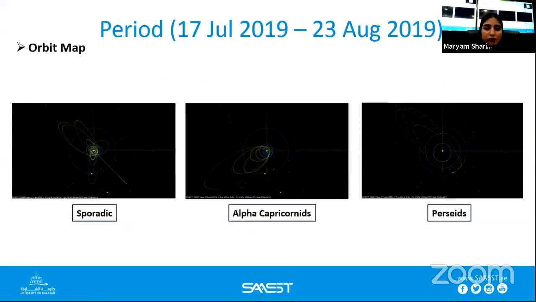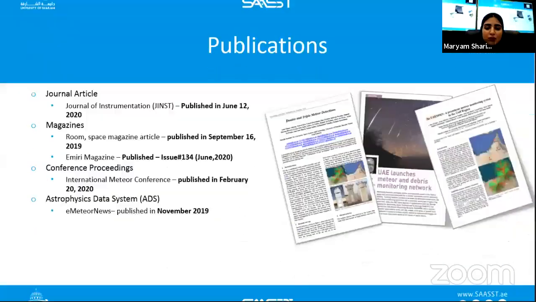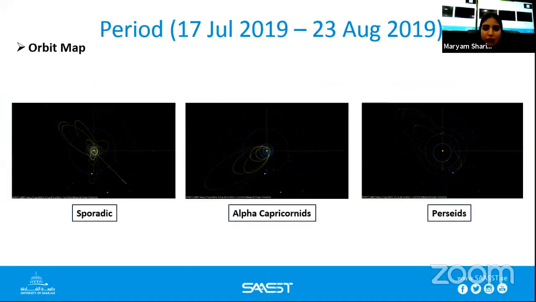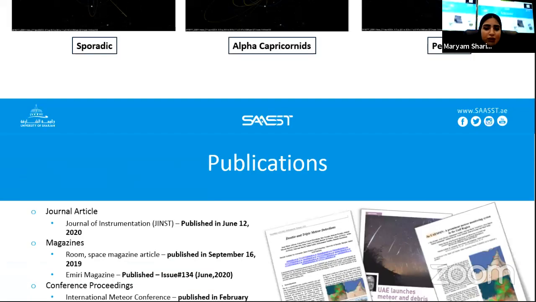And we have the orbit map for the same period along with the same meteor groups. As you can see here. So these are interesting results that we were able to analyze and figure out from our meteor observation, as you can see.